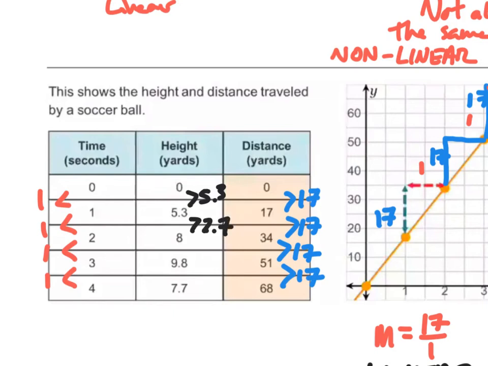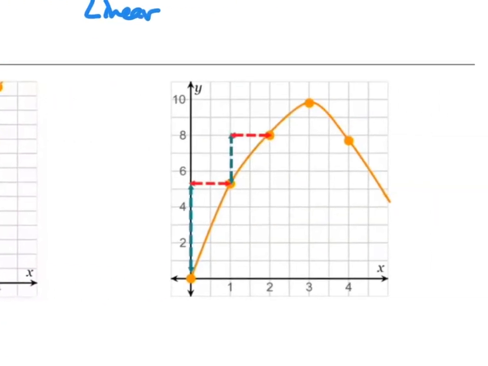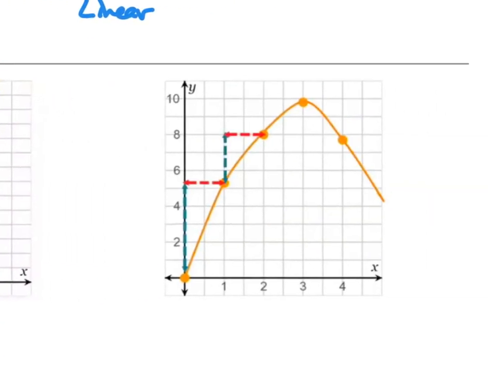So these aren't the same, and I know that this isn't a linear function. And then it changes to, what is that, 8 to 9.8 is 1.8. And then we can see that it actually goes down by 2.1. So if you look at some of these different slopes, here you go up 5.3, but you go over 1.